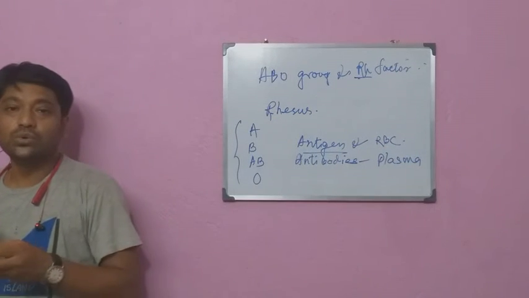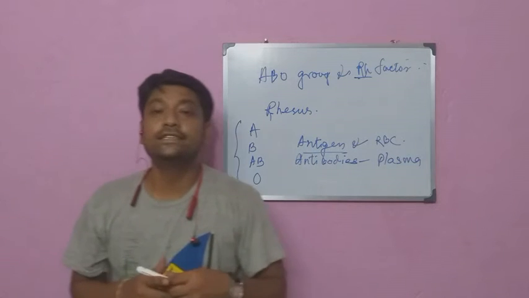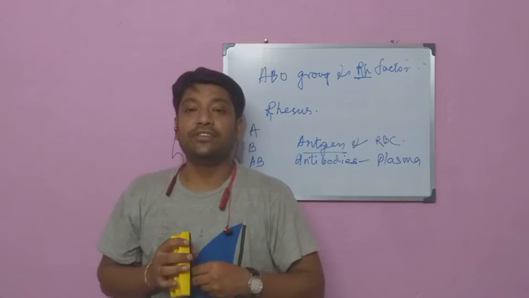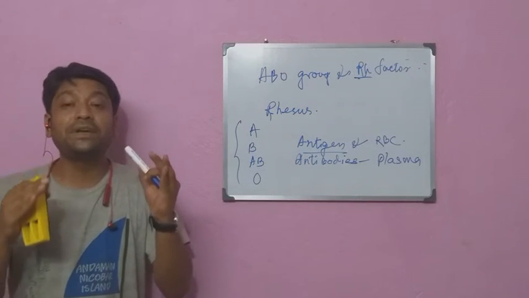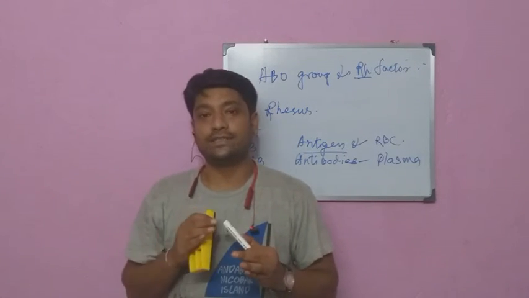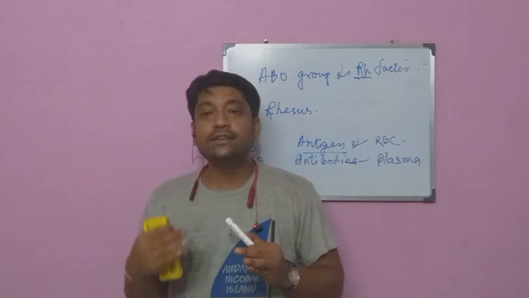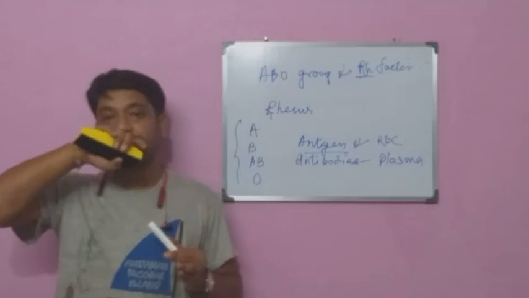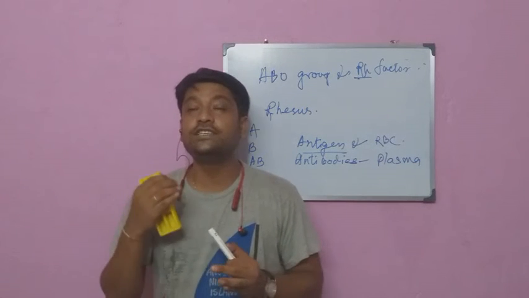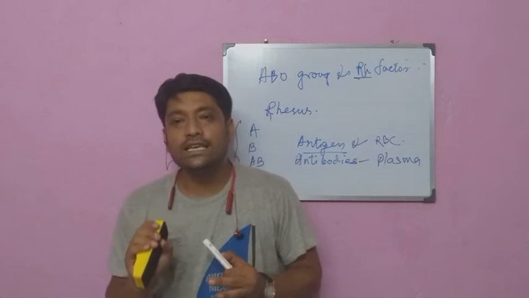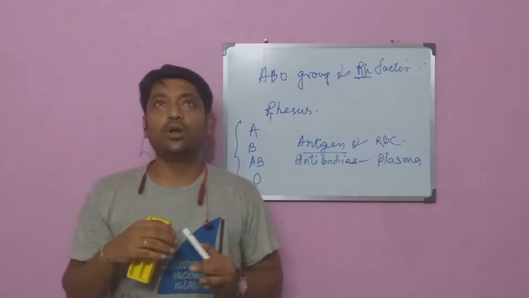On the other hand, the Rh, Rhesus, blood group system consists of 50 defined blood group antigens. In the Rh system, the most important antigens are D, C, E and small e.